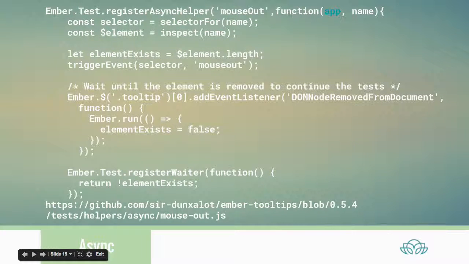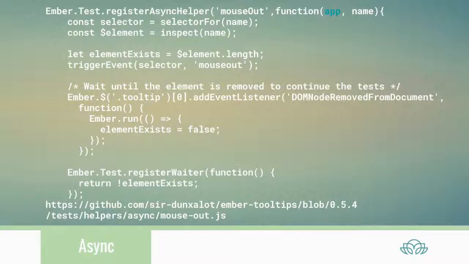But if you don't have a global and you need to get at some behavior in your app or wait for something, this seems like a really nice way to do it: registering an async helper that wraps registering a waiter. It's using jQuery to look for a tooltip being removed, and it's waiting for the mouse out. And I thought that was very, very interesting.